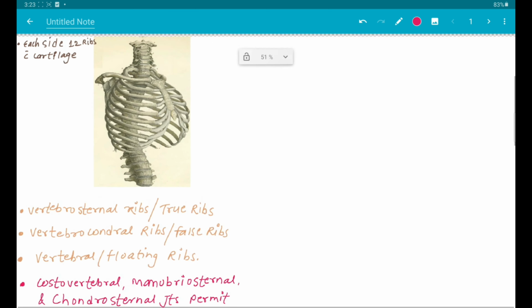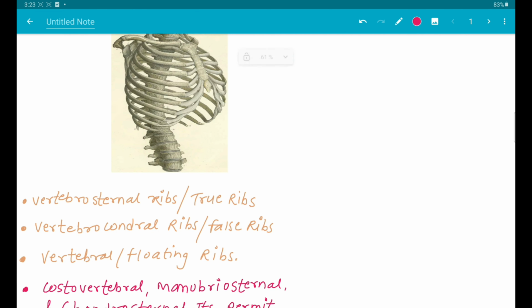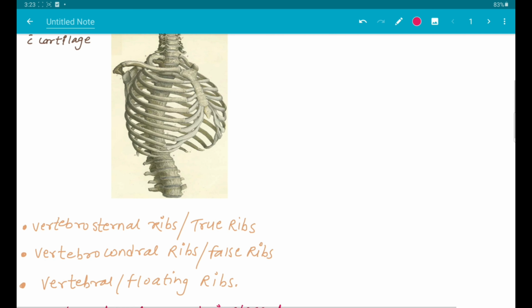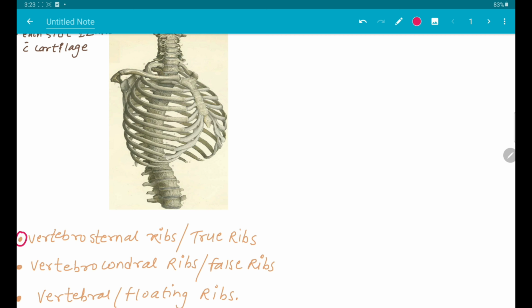There are three types of ribs found in the formation of the skeleton of thorax. The first is the vertebro-sternal ribs, also called true ribs. Why is it called vertebro-sternal ribs? Because it connects the vertebra and the sternum.